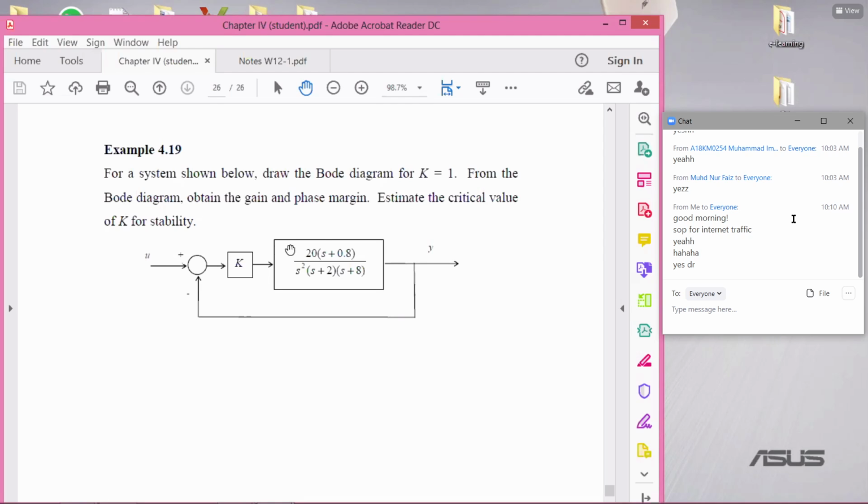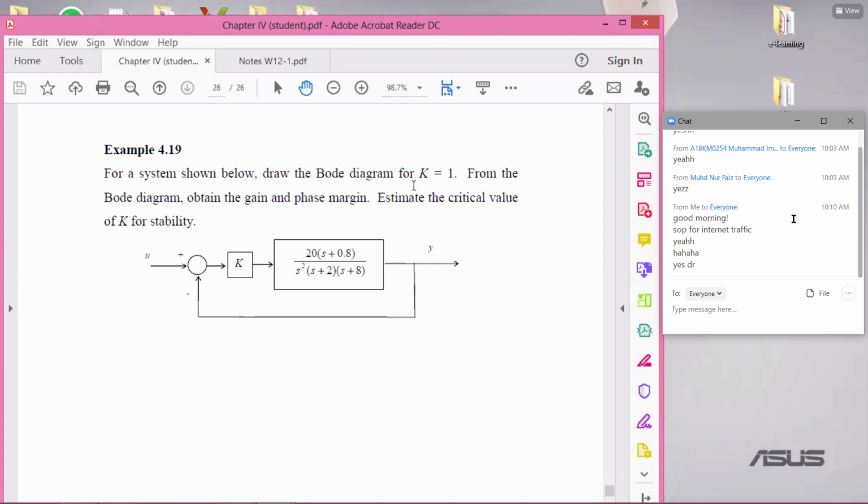Estimate the critical value of K for stability. This is the same question, and could just as easily be a question in your test. It says for the system shown below, draw the Nyquist diagram, and everything else is the same. But now you just change the word Nyquist to Bode diagram.